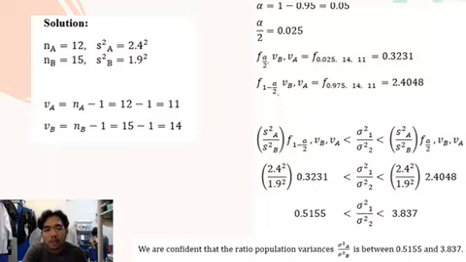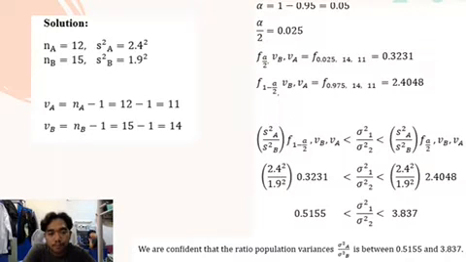Okay, as we know, the 0.95 is the confidence interval, and we need to find the ratio of population variances. Okay, for the F 0.025. Continue with the ratio of population variances formula.